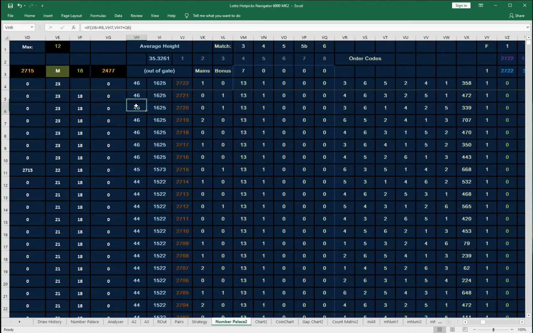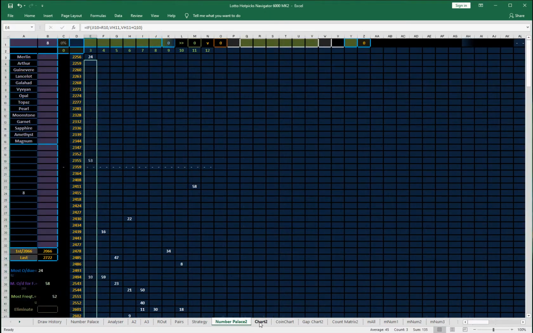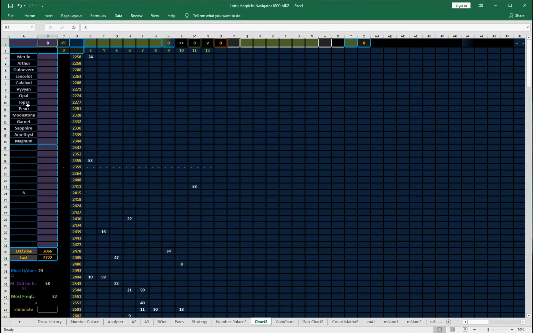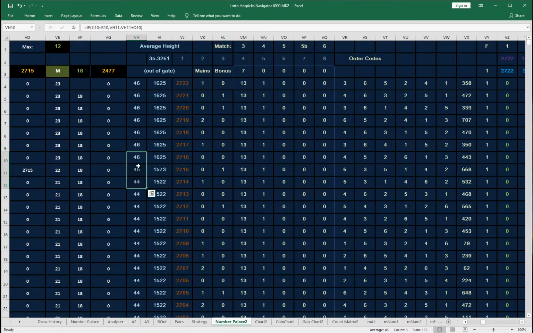So this increases only when we're looking at draws that match the specified criteria. And so, as that increases, and the draw number, basically this is just an averaging system.